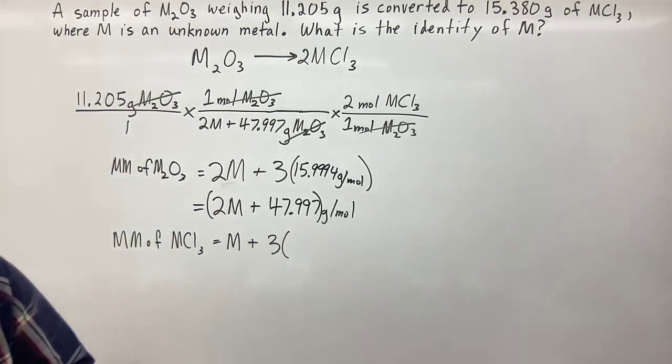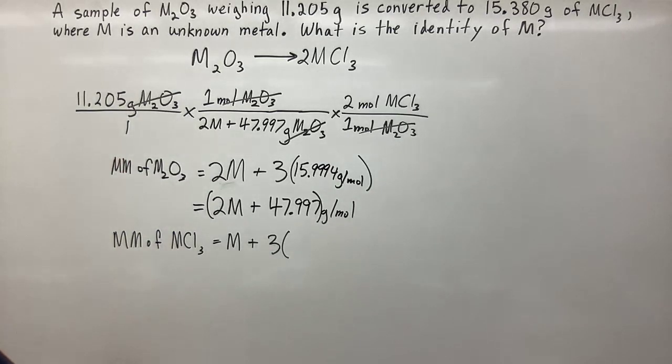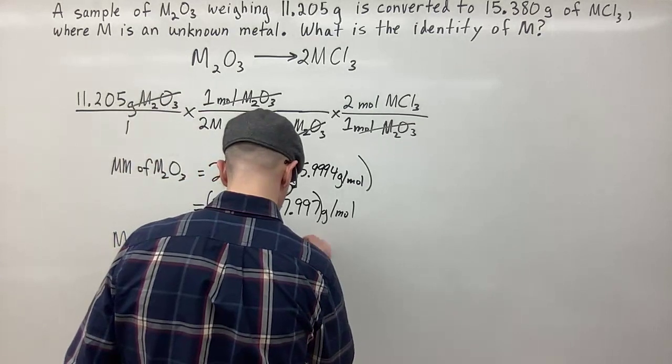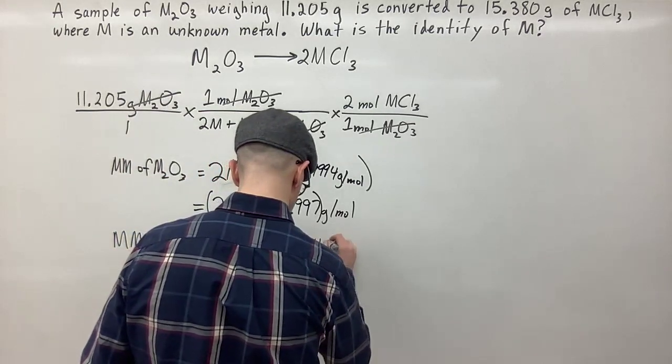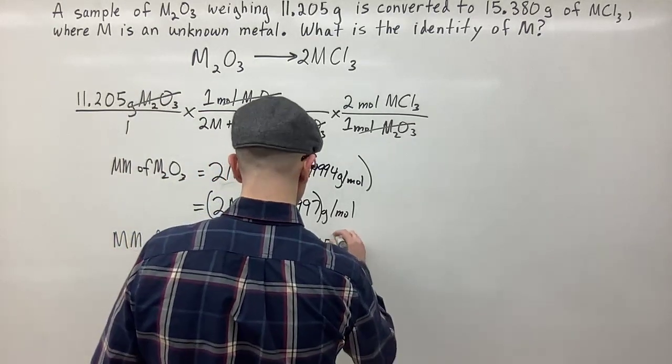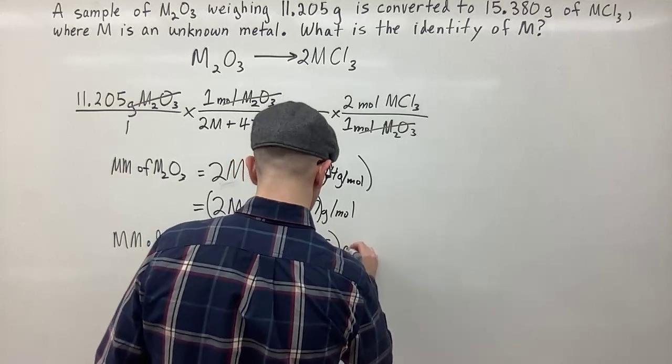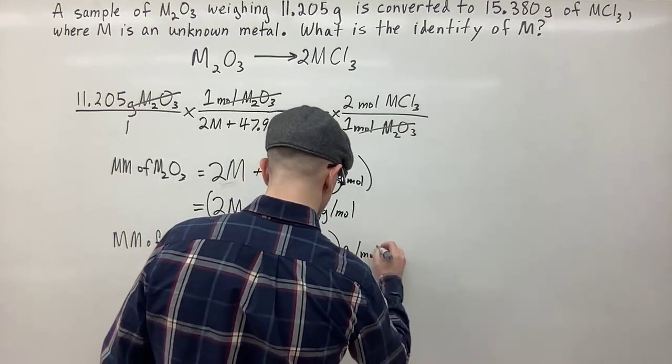And the molar mass of Cl is going to be, let me take a look here, 35.45 grams per mole.